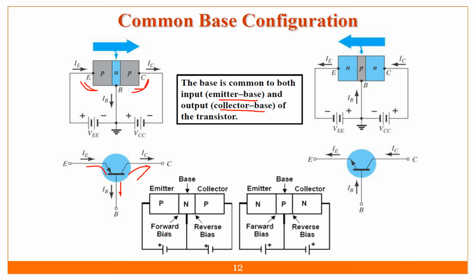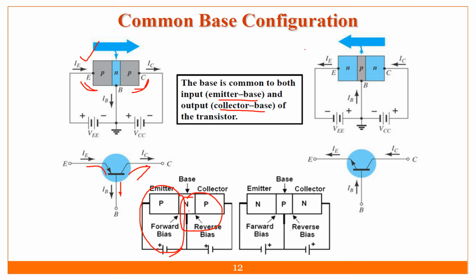My p-type material, this junction is forward biased. P-type material is connected to the positive terminal and n-type material I have connected to the negative terminal. So this overall junction is my forward bias, and the second junction, the base collector junction, is reverse biased because I have connected n-type to the positive and p-type to the negative. This is all about PNP.